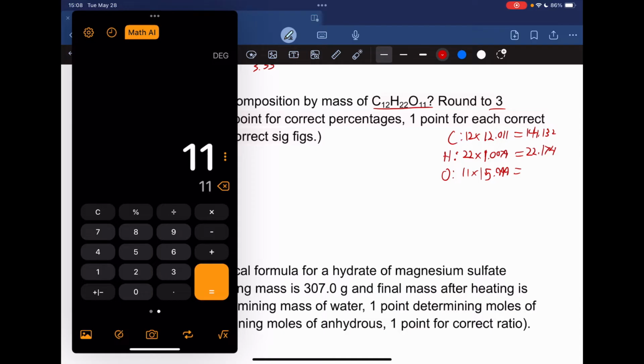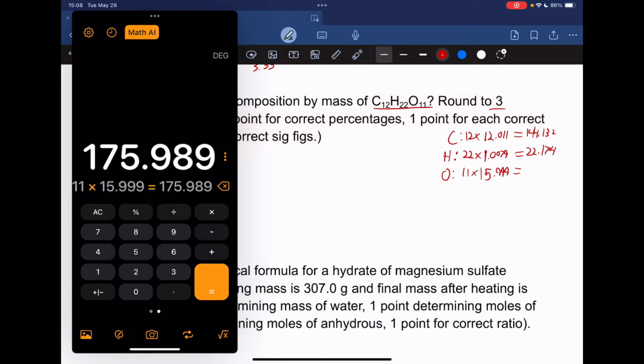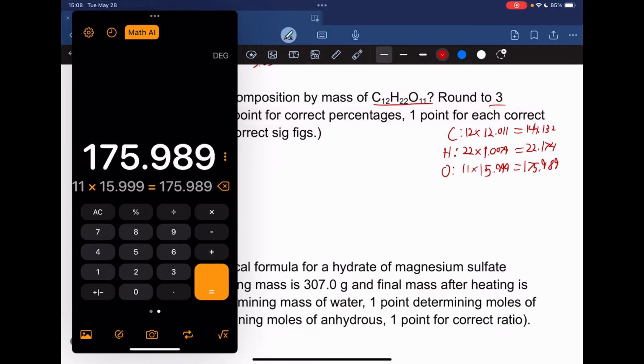And then finally 11 times 15.999. And that equals 175.989. And then if we want the molar mass for the entire compound, we're going to just need to add them all up. And we'll get the molar mass of the entire compound.